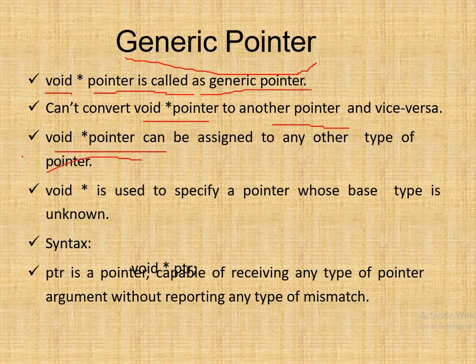This is also the benefit of a void pointer. A void pointer is used to specify a pointer whose base type is unknown. It means we don't know the base type. How to declare the generic pointer? This is the syntax: void *ptr.